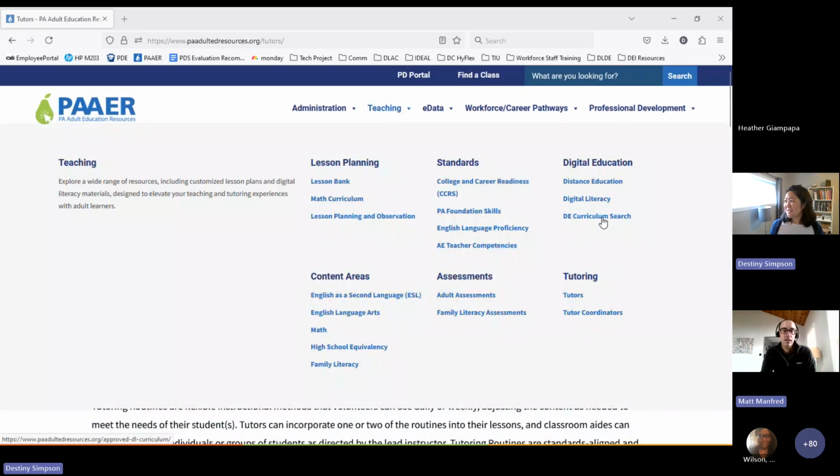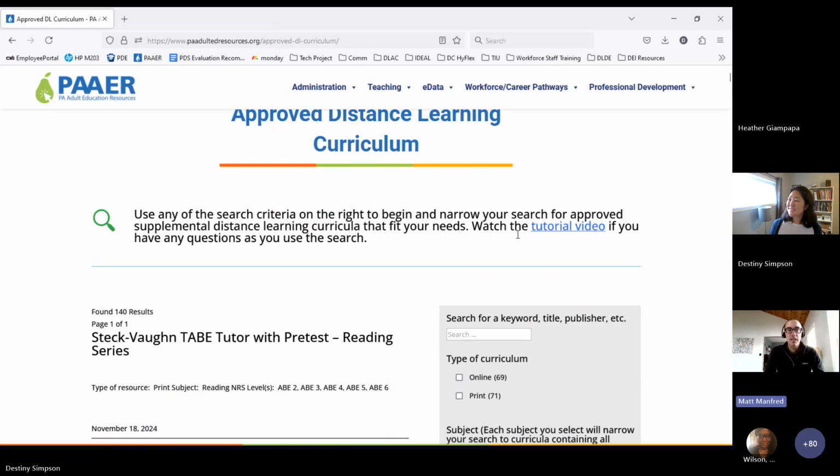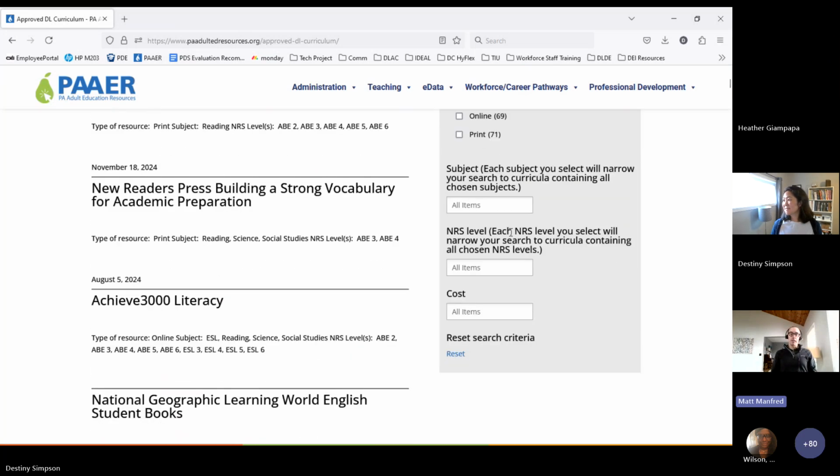Let's look at the curriculum search. Okay, this is another search, similar to the lesson bank, but these aren't lessons that you're going to teach with students. These are full curricula, big or small, that you can teach, right? Common textbooks, common online materials.